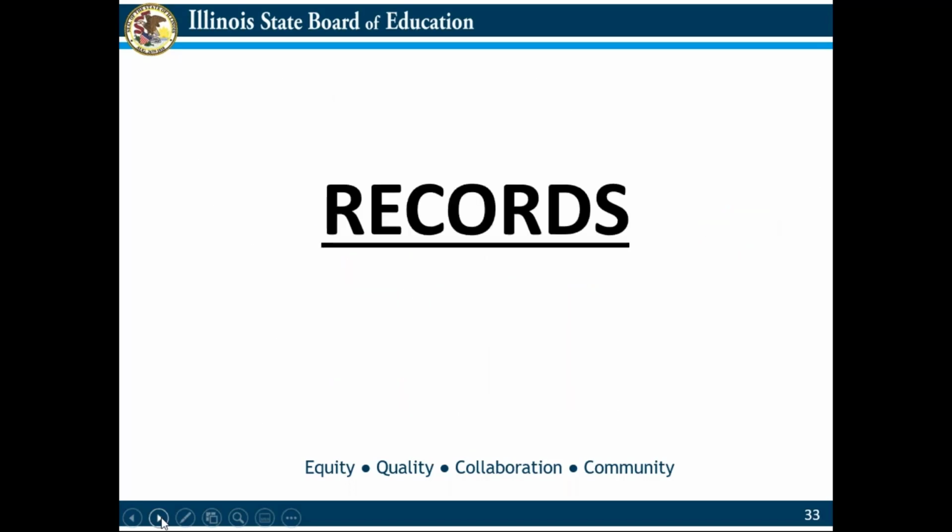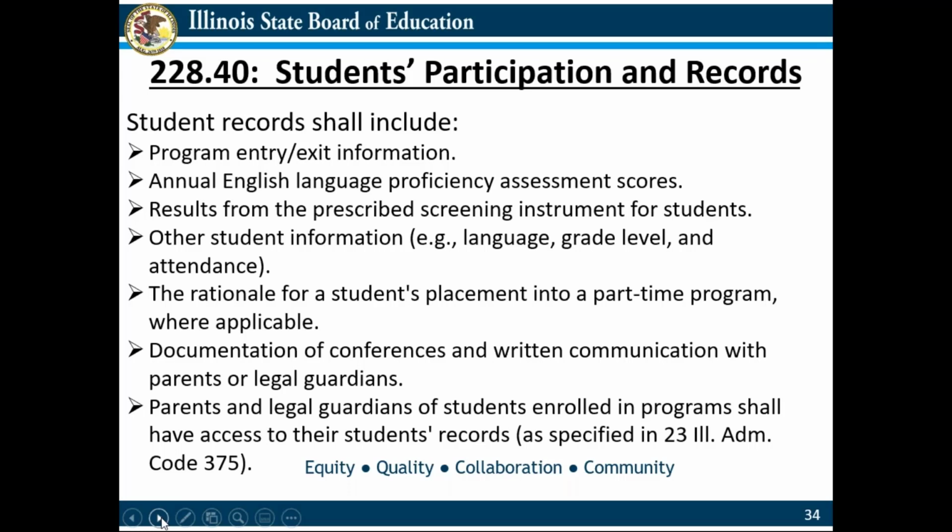EL records. Student participation and records should include, so you may want to create a cover sheet for your EL folders, every year, program entry and exit information. You only have exit letters for 1 year, just the year of exit, but you will have entry letters for every year in English and the native language that's spoken at home.